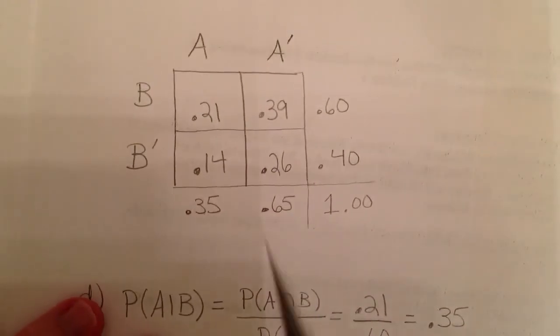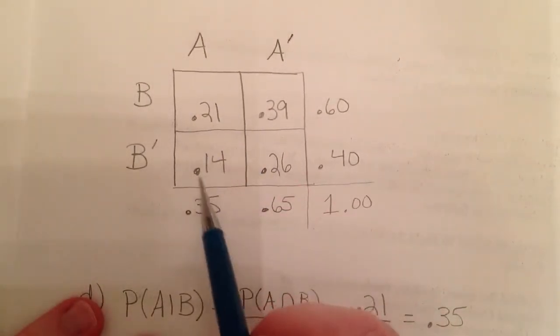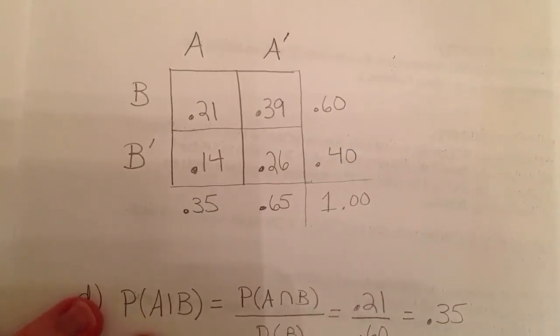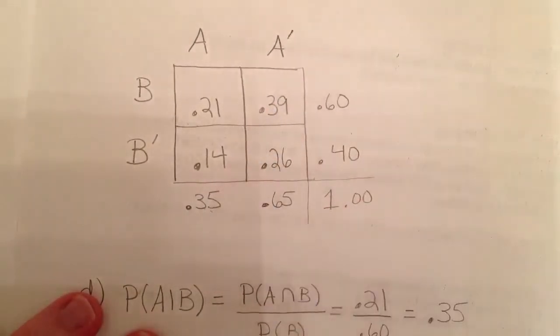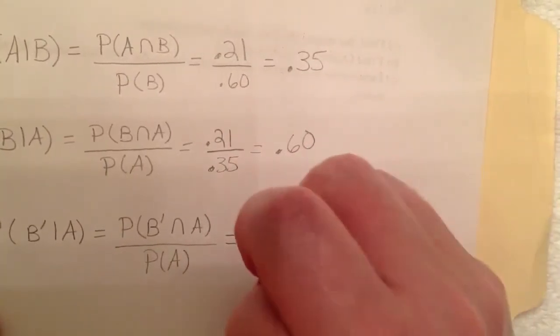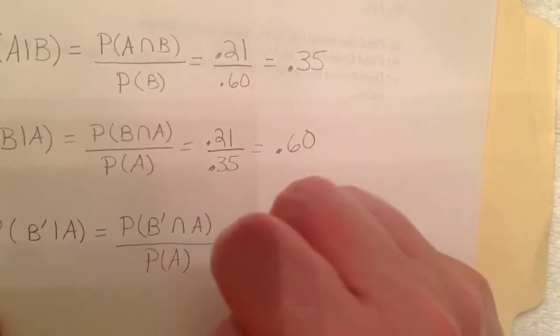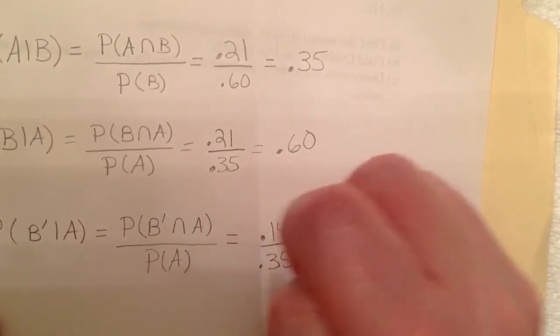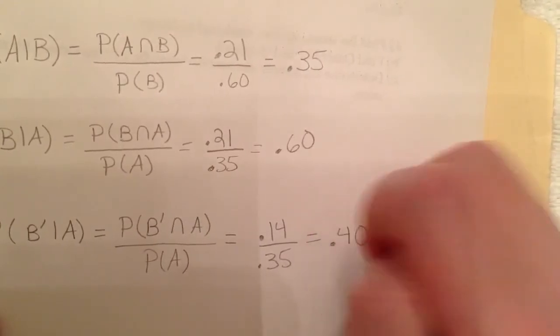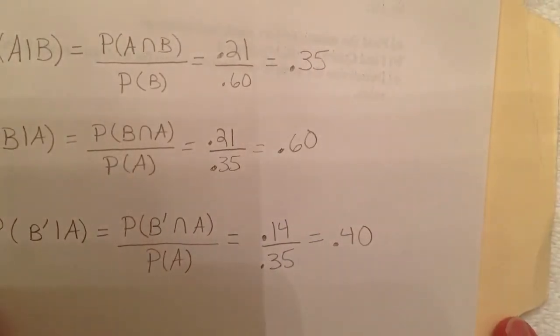So for the numbers here, B prime and A intersect at 0.14, and the probability that A occurs overall is 0.35. So you have 0.14 over 0.35, and 14 out of 35 is 0.40.